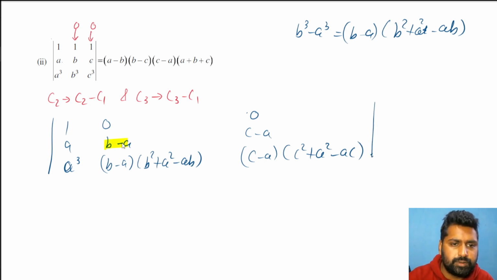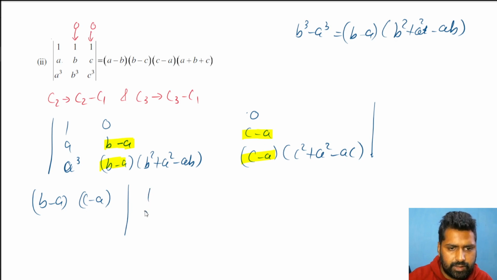No benefit, b minus a and 0, I told you, we can take common anything, 0 minus c minus a common. Let's generate those expressions. b minus a outside, c minus a outside. Determinant of 1 a cube, 0 1 0 1. This is b square plus a square plus ab.